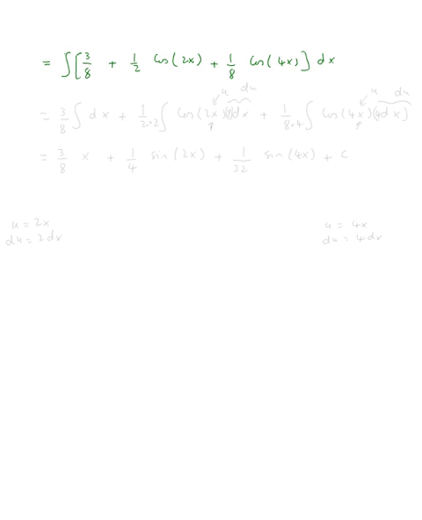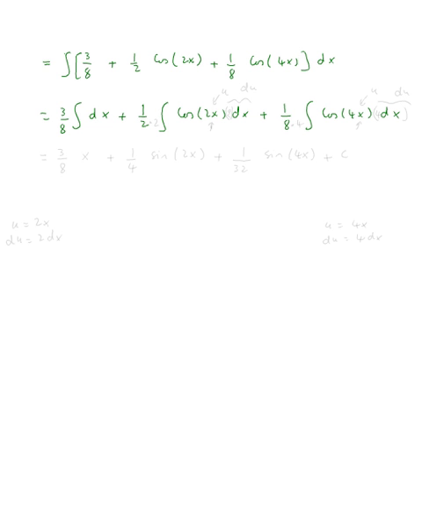Now I can rewrite this as 3 over 8 integral of dx plus 1 over 2 integral of cosine of 2x dx plus 1 over 8 integral of cosine 4x dx.